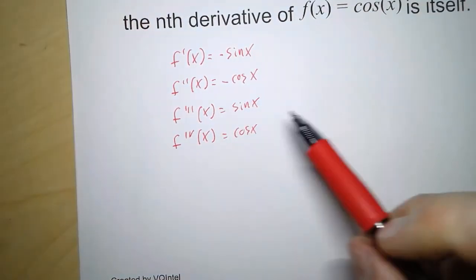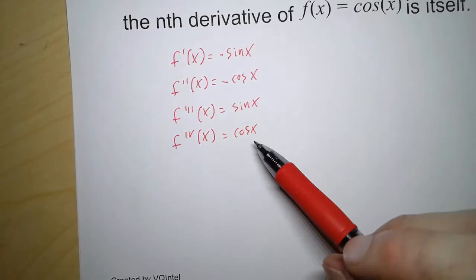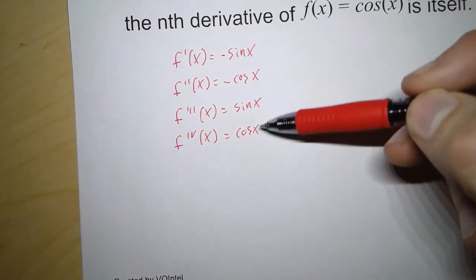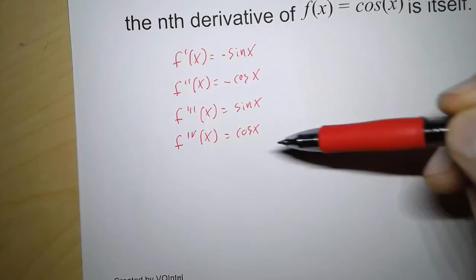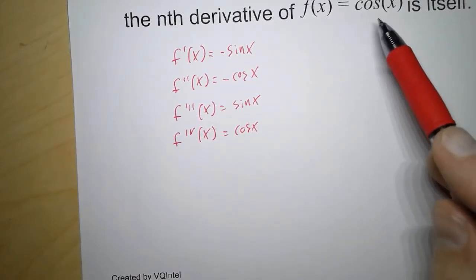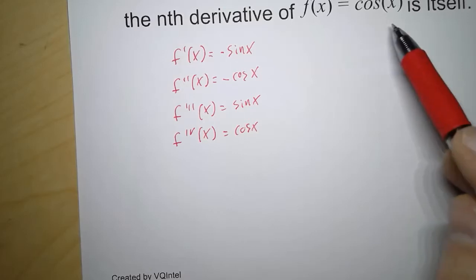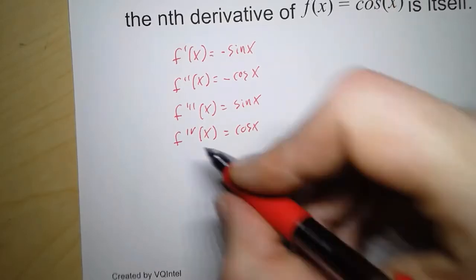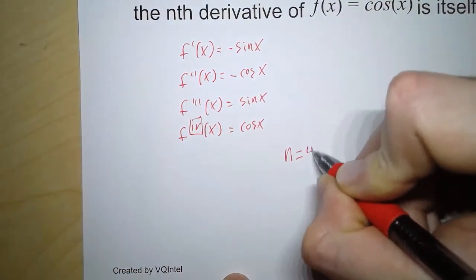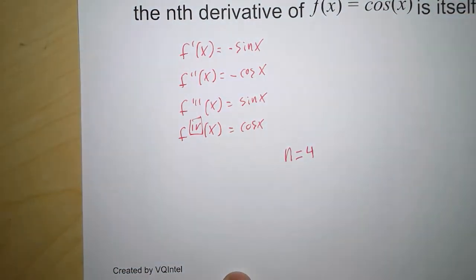Now, if we wanted the fifth derivative, well, that's just going to follow the same pattern. This will be the 5th, 6th, 7th, 8th, 9th, 10th, 11th, 12th. So there's a whole bunch of derivatives of cosine of x that will be itself, but we want the smallest value. And so the smallest value is 4. That's the smallest derivative where cosine's derivative is itself.